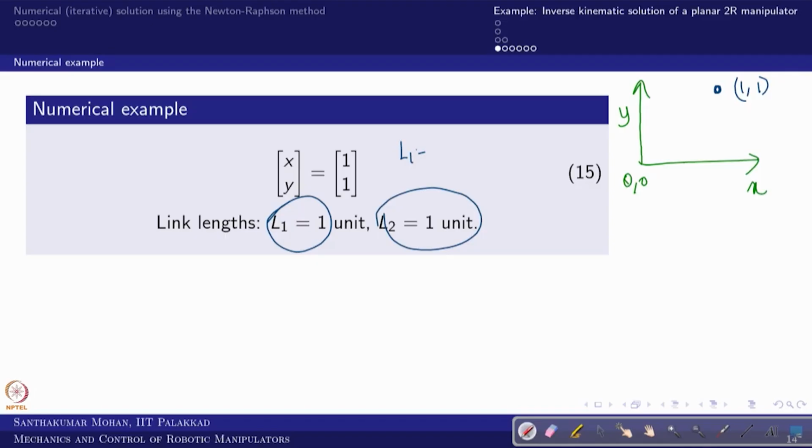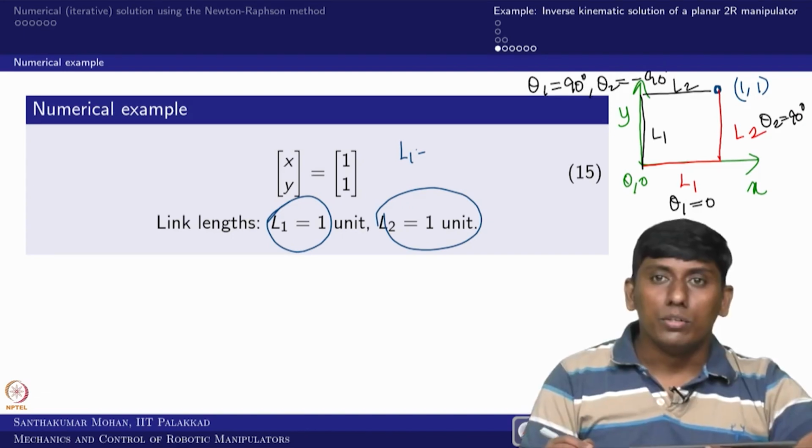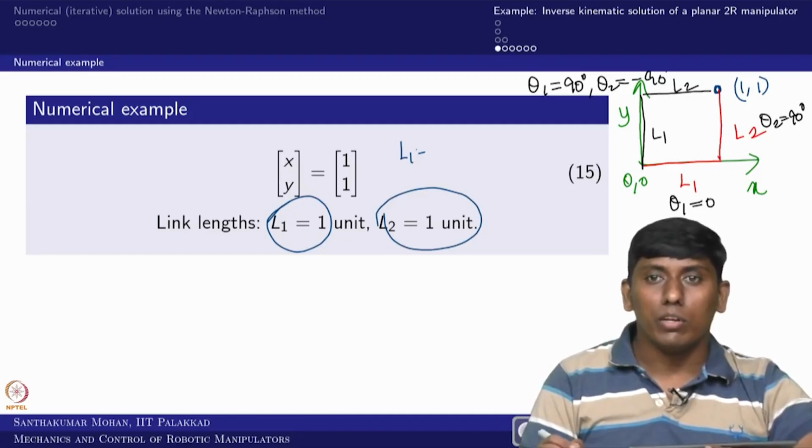You can easily see the possible solution is this is 1 unit and this is 1 unit, right. L1 and L2 you can fix it this way, or you can fix it the other way. In that sense, theta 1 is 0 and theta 2 is 90 degrees is one solution. The other solution, second solution, is theta 1 is 90 degrees and theta 2 is minus 90 degrees. So these are the two solutions which we have obtained.